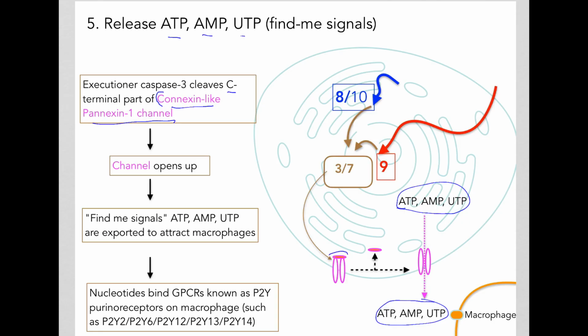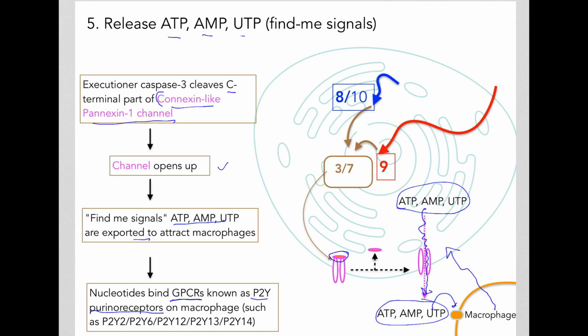By cleaving this part that blocks the channel, the protein channel opens up. And now these nucleotides are exported out of the cell, and once they get out, they will bind the GPCR receptors on the macrophages called P2Y purinoreceptors.